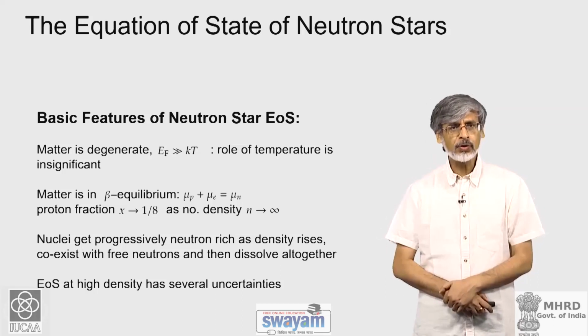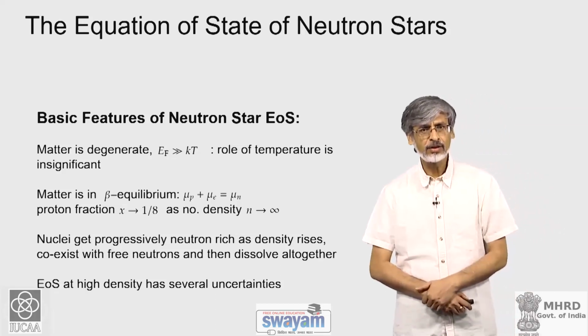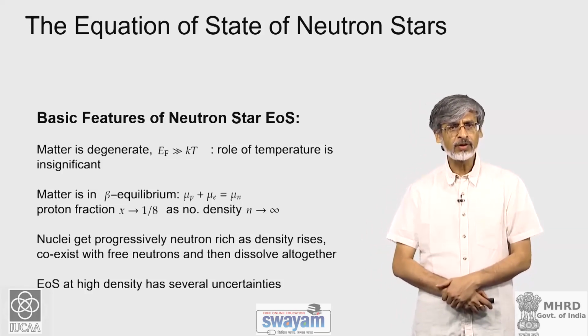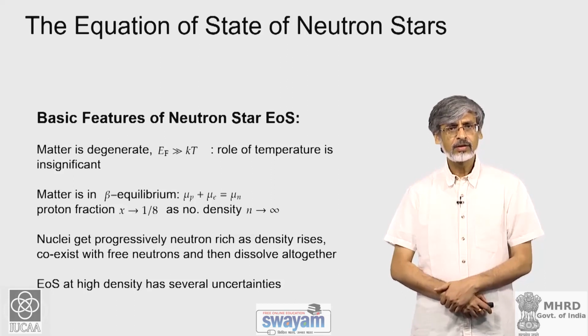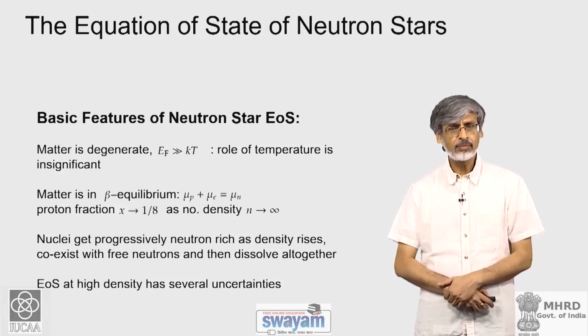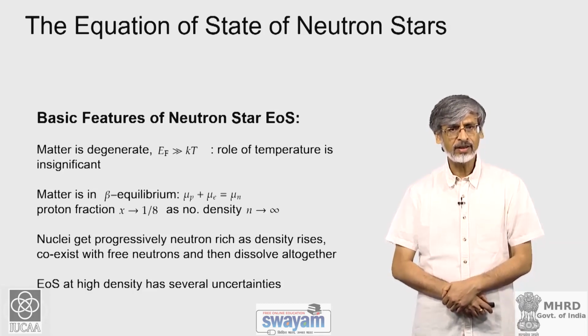Now, as one goes from low density to high density in the neutron star interior, the nuclei get progressively neutron rich. That means, the ratio of mass number to atomic number keeps increasing as one goes to higher and higher densities.